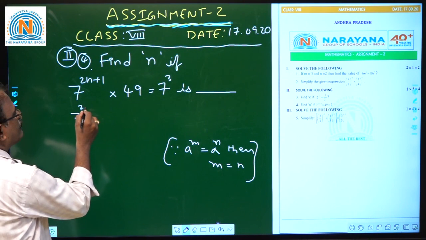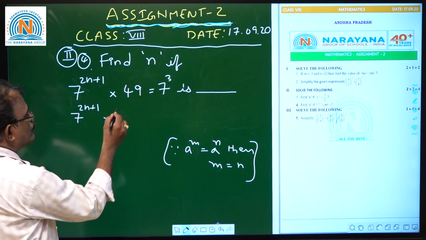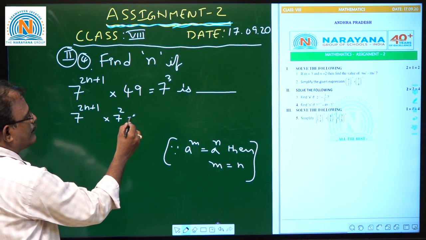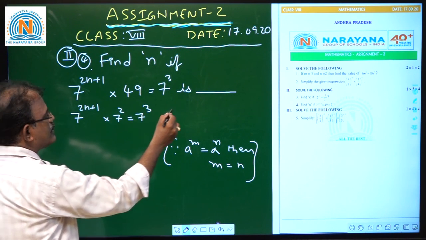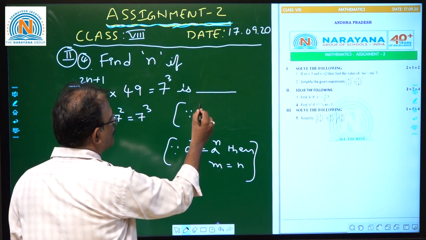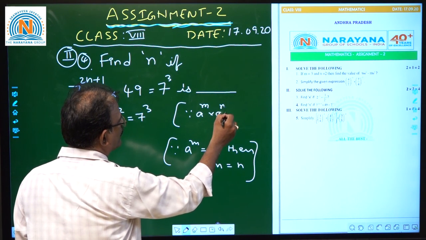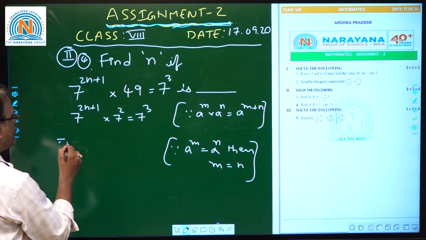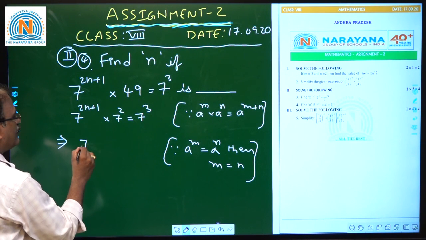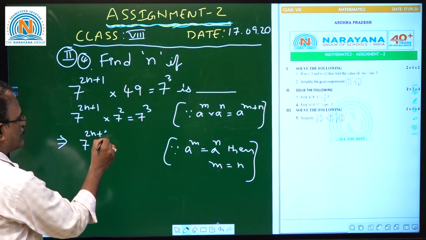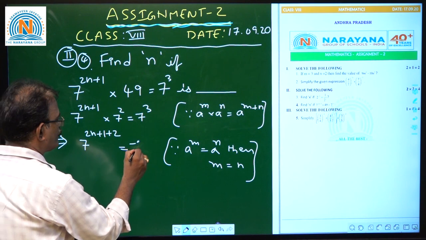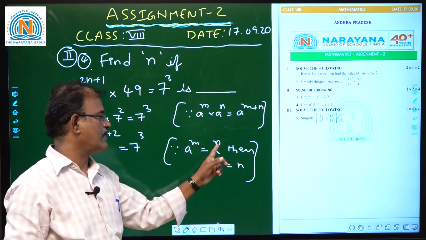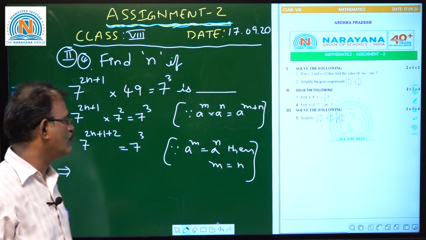this is 7 power 2n plus 1 into 49, which can be written as 7, 7s are 49, so 7 raised 2 times. So this is in the form of a power m into a power n is equal to a power m plus n, children. So from this property we can say that this is 7 power 2n plus 1 plus 2. Now according to this, if a power m is equal to a power n, then m equals n, children.